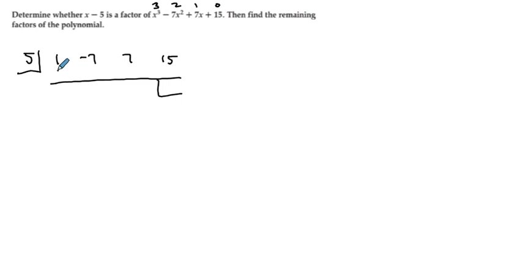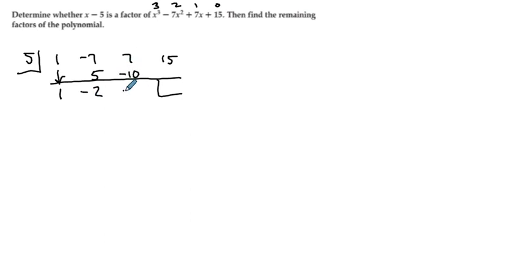All right. So first thing, bring this down. That's the first step of synthetic division. 5 times 1. So we're going to multiply and add, multiply and add. 5 times 1 is 5. -7 plus 5 is -2. And then you go 5 times -2. Remember, positive times a negative is negative. So you get -10.